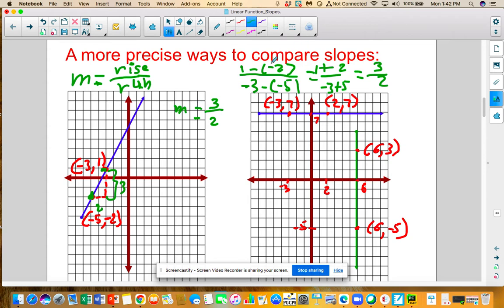But how did we do that? We just used this formula right here.